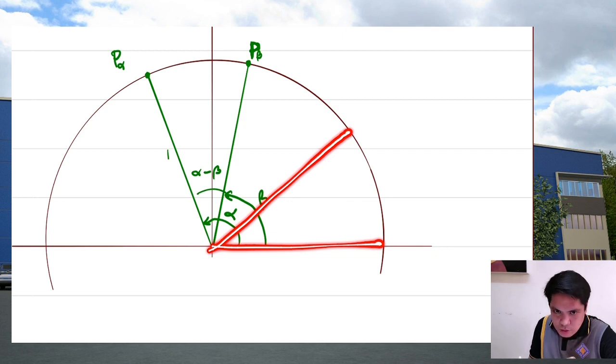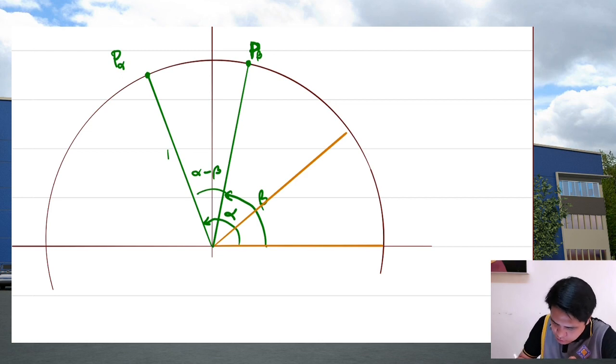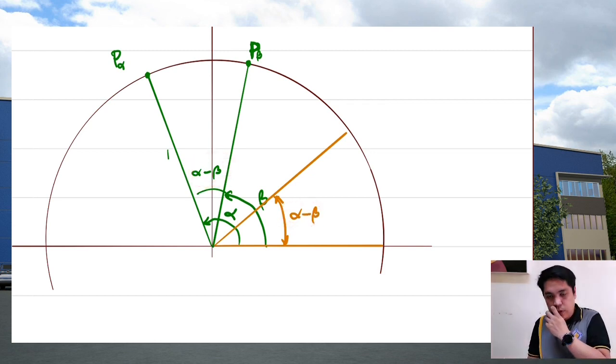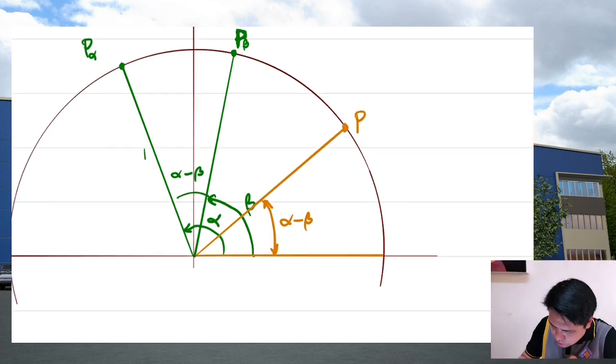Diba? Pareho lang. Nakuha? So, if we do that, ito na yung itsura niya. Okay? And this angle is still alpha minus beta. Ni-retain natin yung difference of the angle in between this segment. So, let's call this point here as P sub alpha minus beta.